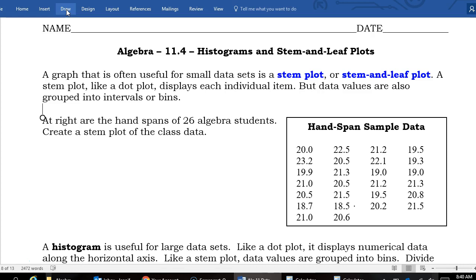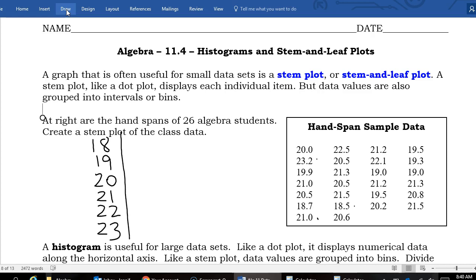And then my highest data value, I see 23. Okay, so that means I'm going to scale from 18 to 23. So I'll start with 18, 19, 20, 21, 22, 23.